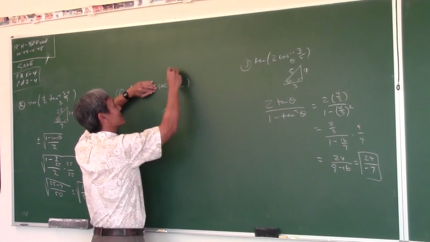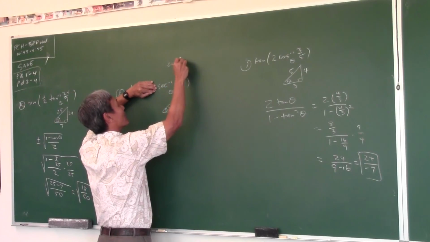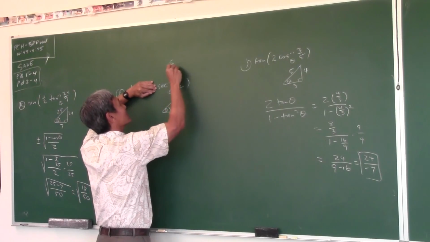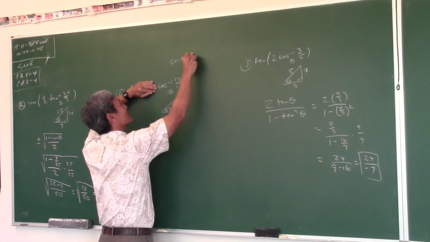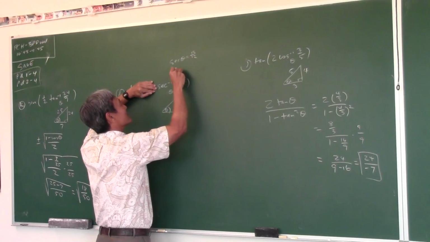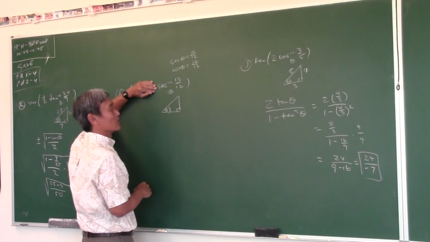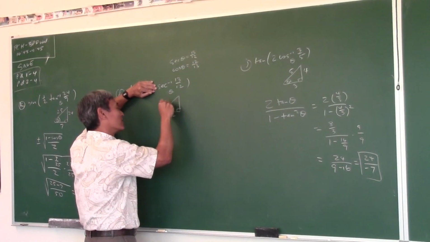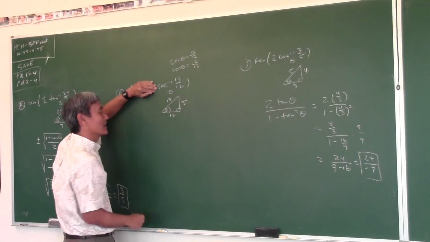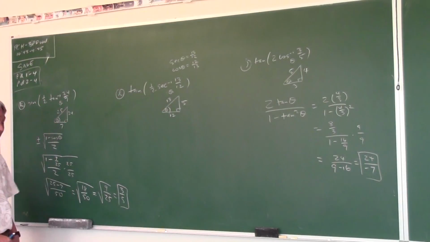Well, that's the same thing as saying cosine of what angle. Secant of what angle is 13 over 12, which is the same thing as saying cosine of what angle is 12 over 13. So cosine is adjacent over hypotenuse, and then you use the Pythagorean theorem. See how I'm using all the Pythagorean triples?